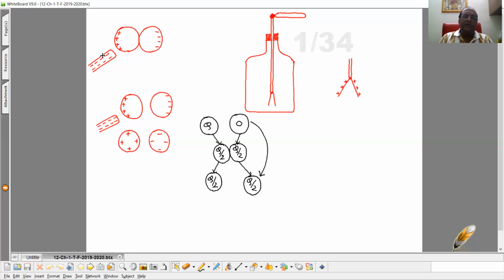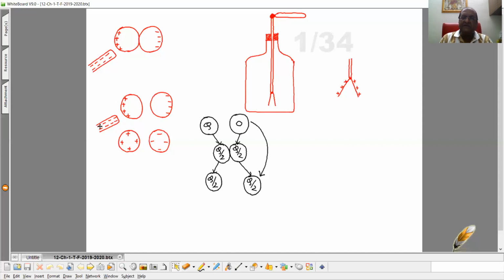So negative charges will be accumulated at this opposite surface of the second sphere, and positive charges will be accumulated at the surface facing to this negatively charged plastic rod. Now, keeping this particular rod as it is, if these two spheres are separated, means now this left side sphere is positively charged, we can say this right side is negatively charged.